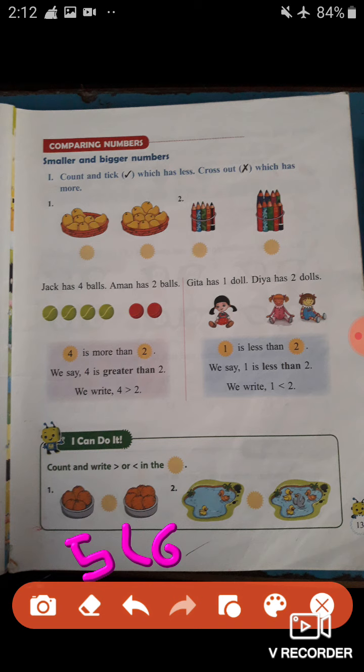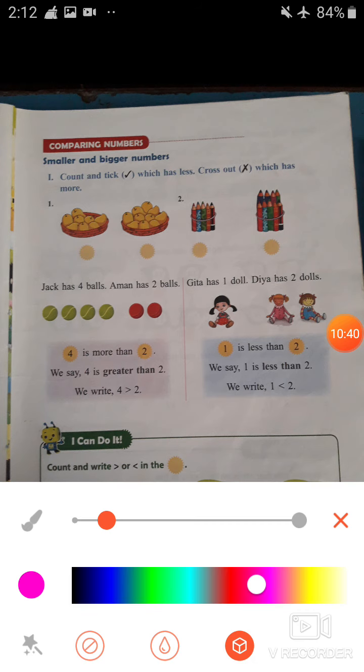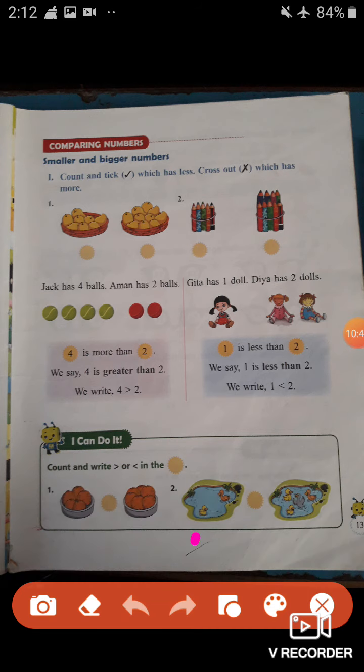Okay. And in the next there are 2 ducks in the first one, and 4 ducks in the second pond.